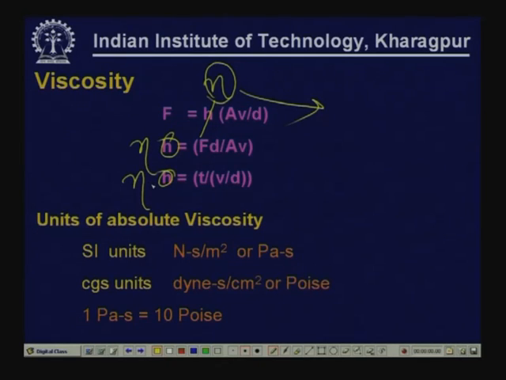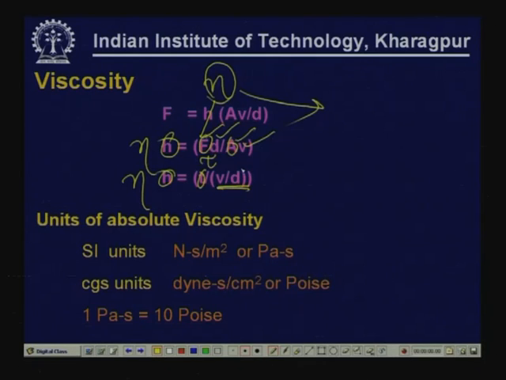So, by rearranging these terms we can get viscosity, which is absolute or dynamic viscosity, as the shearing force multiplied by the thickness of the film divided by the area of the film and the velocity at which the top plate is moved. F by A is the shear stress and V by d is the velocity gradient within the film thickness.